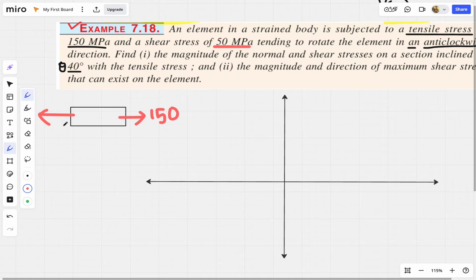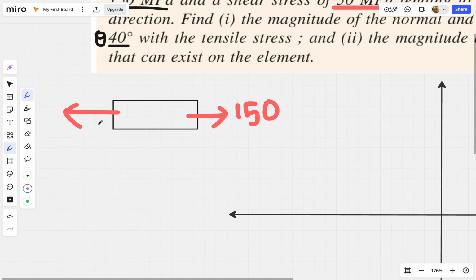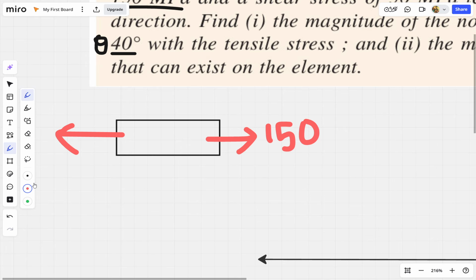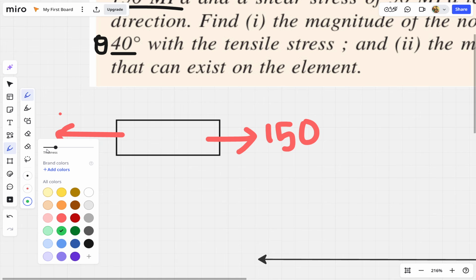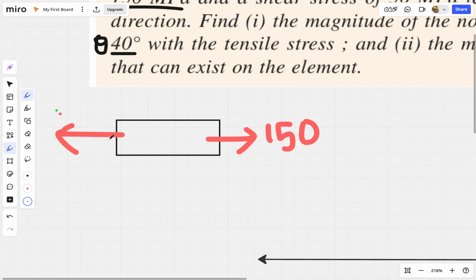In this case the anti-clockwise direction will be on this plane, and this plane. So the anti-clockwise direction is this direction.